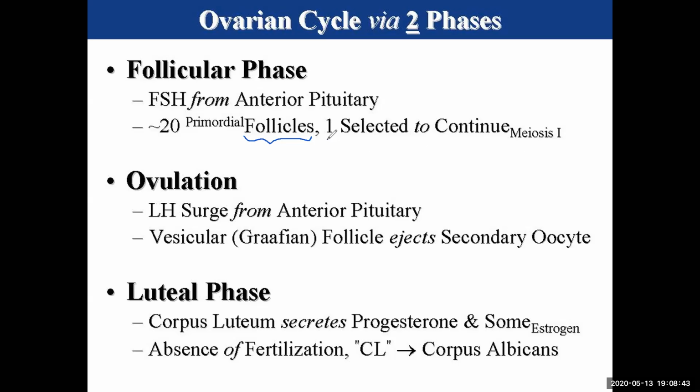So this one selected follicle is down here, the mature follicle, the dominant follicle, the Graafian follicle. This is the one that ovulates, the one that ejects the secondary oocyte.